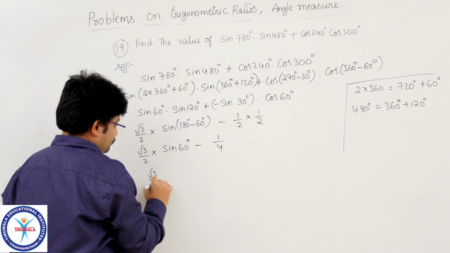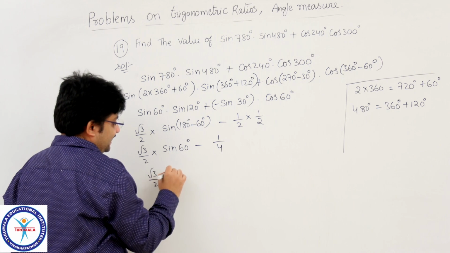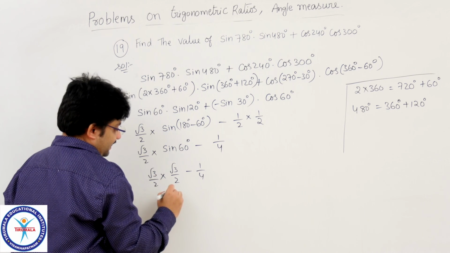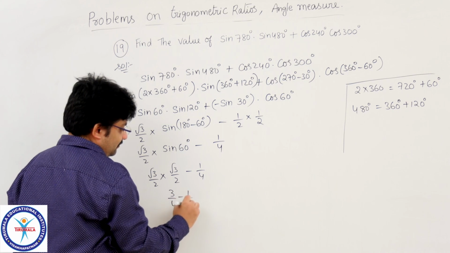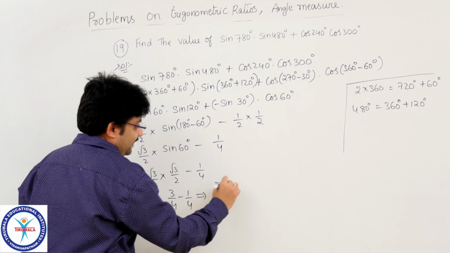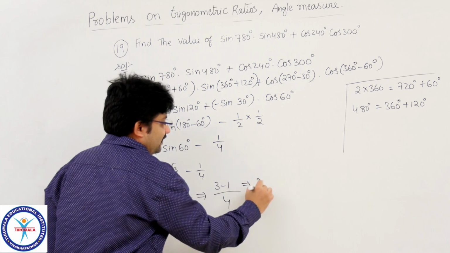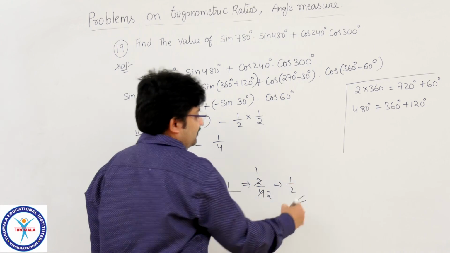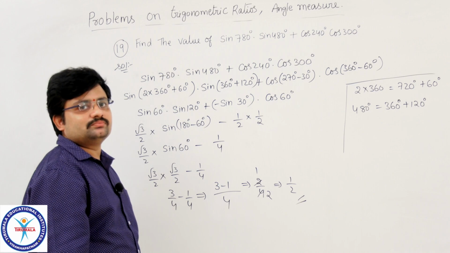Root 3 by 2 into sin 60, which is again root 3 by 2, minus 1 by 4, that is 3 by 4 minus 1 by 4. The LCM is 4, so 3 minus 1 is 2 by 4, which is 1 by 2. The value here is 1 by 2.